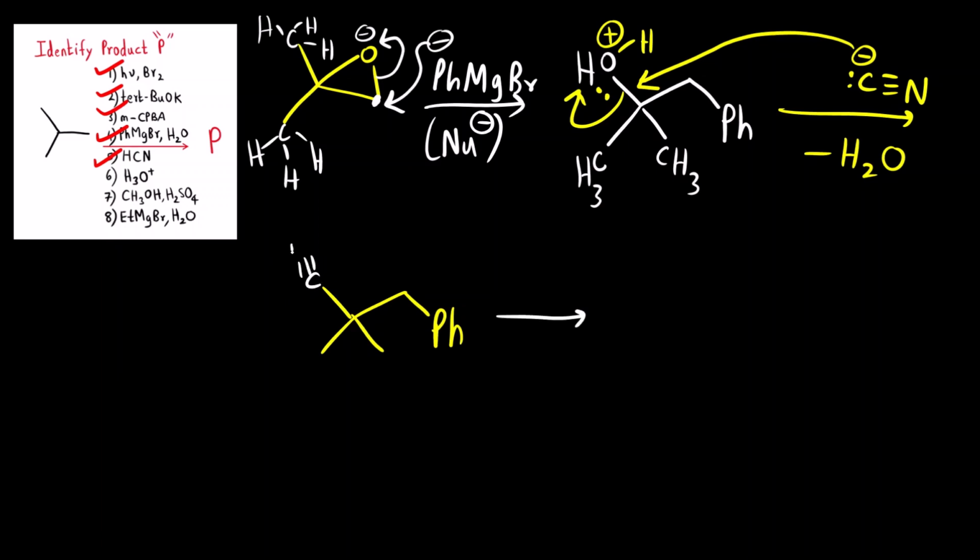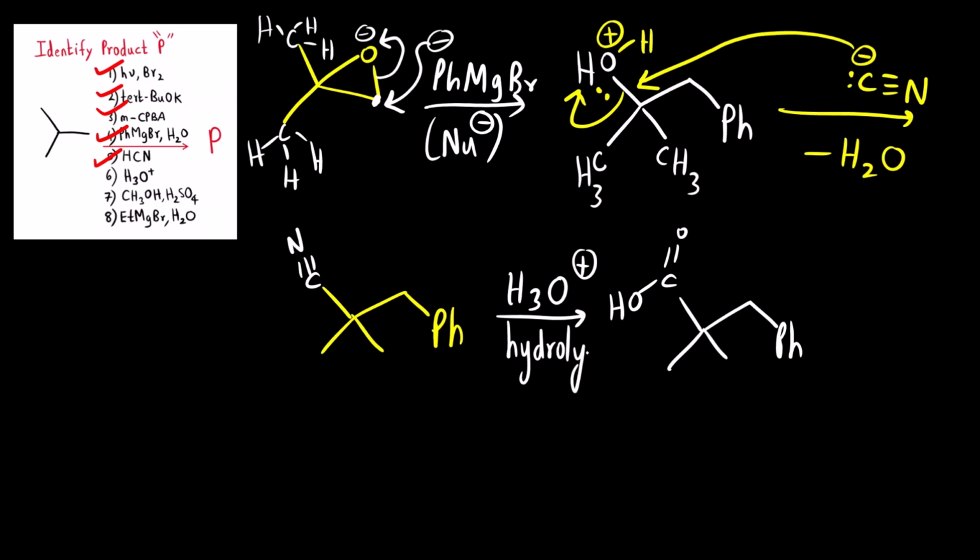Hydrolysis of cyanide will form a carboxylic acid. C double bond O, OH, methyl, methyl, CH2 Ph. What is this reaction? Hydrolysis of cyanide, or we can say nitrile, to form carboxylic acid. So the sixth step is also completed.